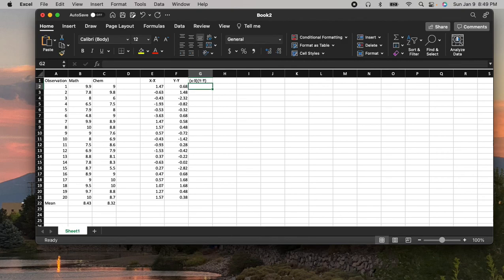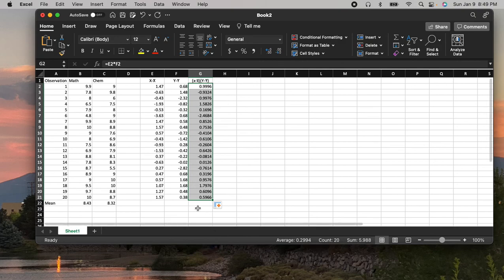So what I'm going to do is just type equals this times this. And now I'm just going to grab this and drag down the column, and I got this, right?